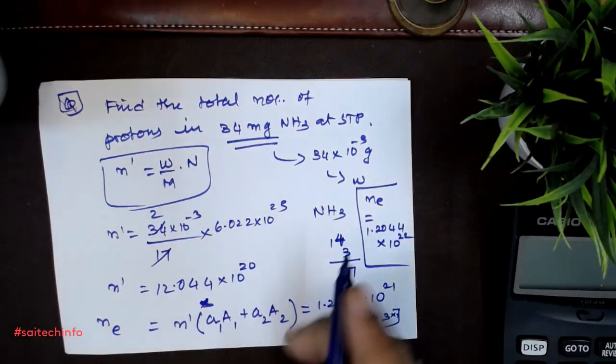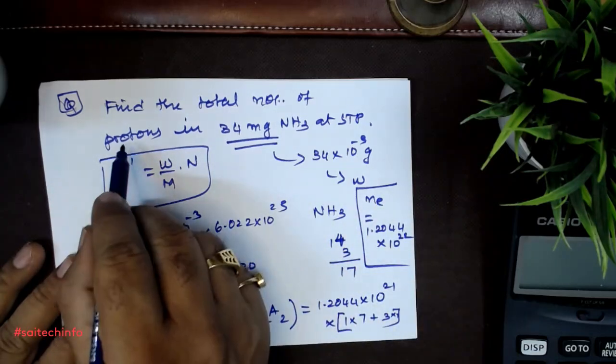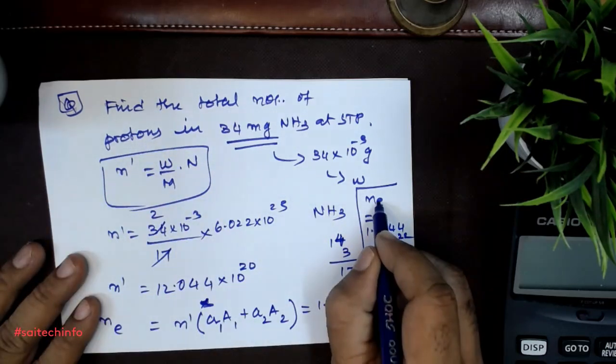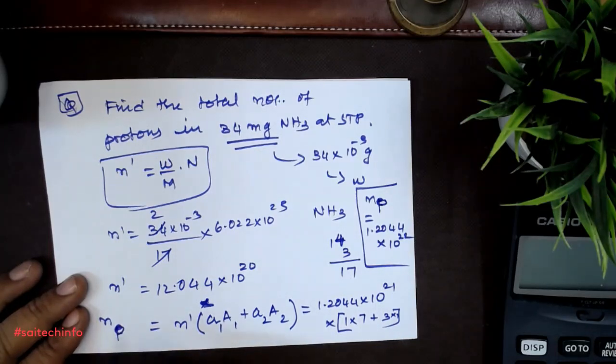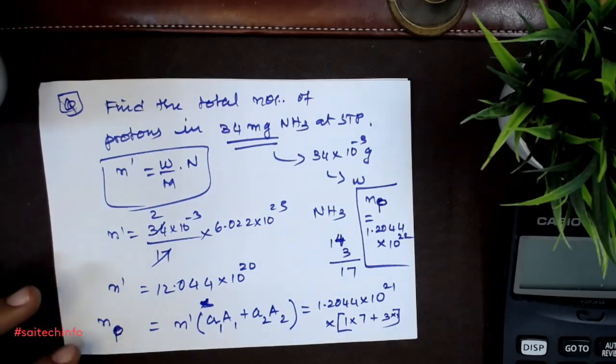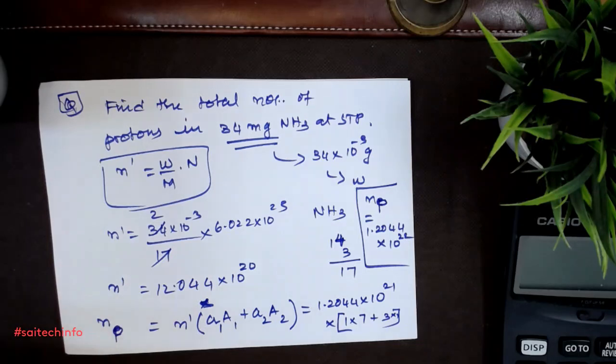So this much electrons, but we are talking about protons, so it is equivalent. So instead of Ne, you can put Np. Got this point? So Np is equal to 1.2044 into 10 power 22 protons. Are you able to follow? Right.